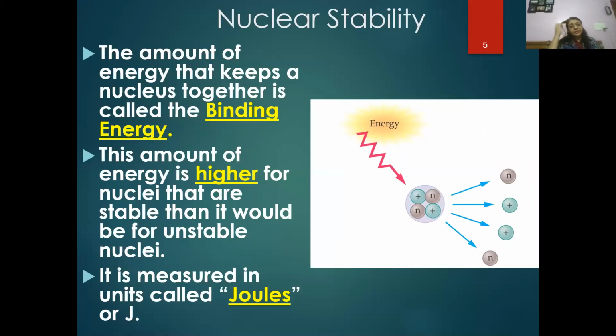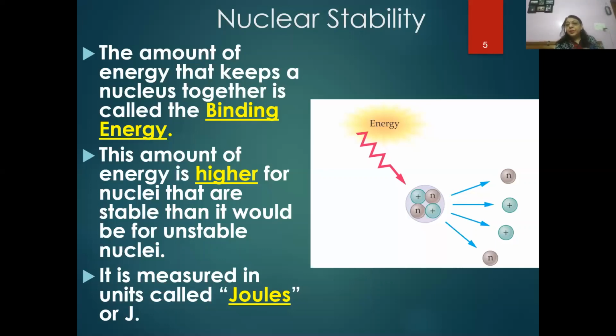This amount of energy is higher for nuclei that are stable than for unstable nuclei. So for a stable isotope of the known elements in the periodic table, this binding energy is higher, okay? And it is measured in units known as joules.